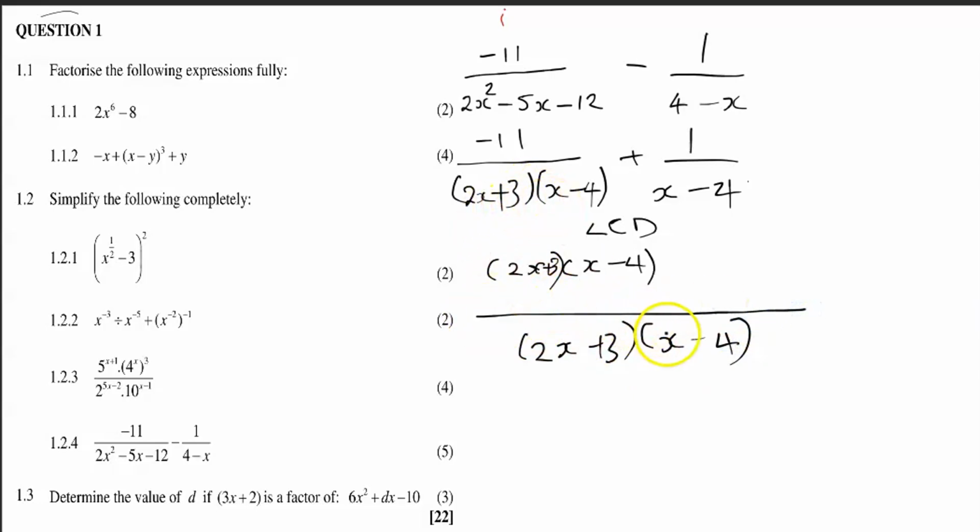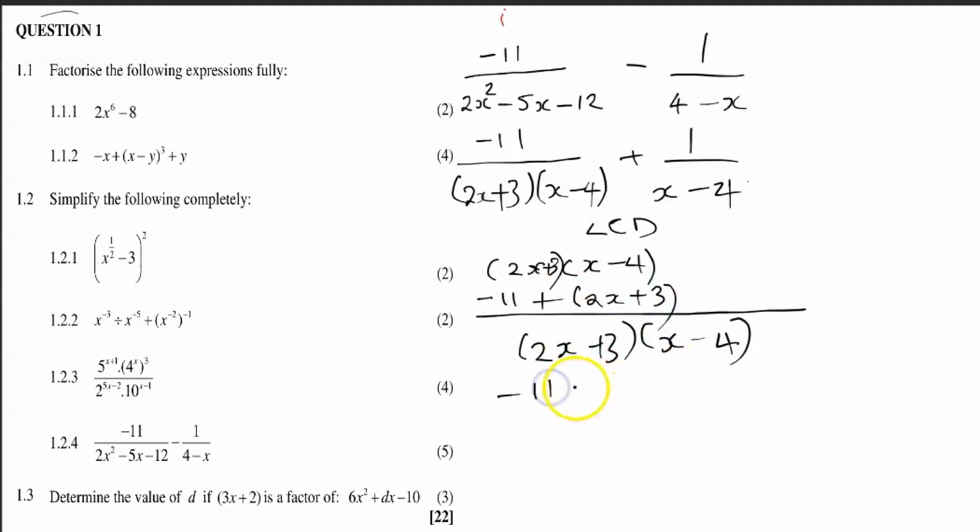Then we say this divided by this, the answer is 1. Then 1 times negative 11, negative 11. Bring down the plus. This divided by that, this cancels that, we are left with that, and then we say times 1. So it's 2x plus 3 times 1 comes back as it is.